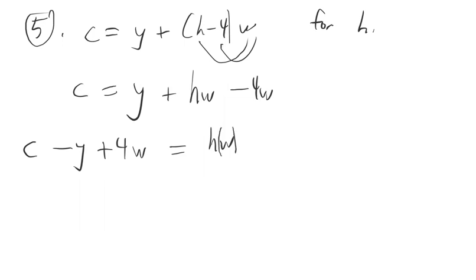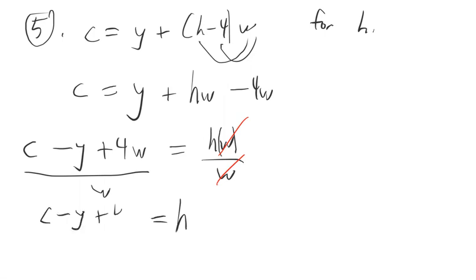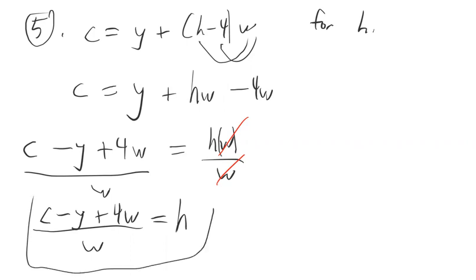Then we're going to divide both sides by the w. So the w is going to go away, and the h will be by itself. H equals c minus y plus 4w over w. And then you circle that.